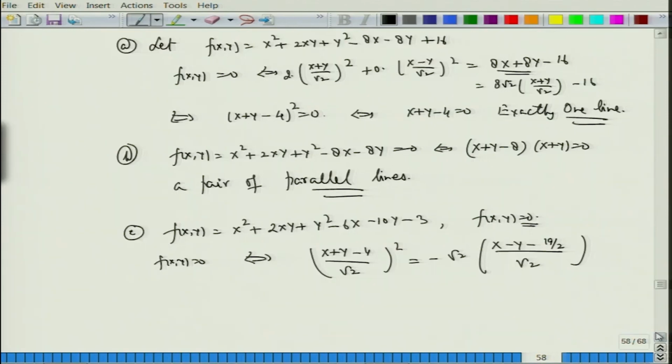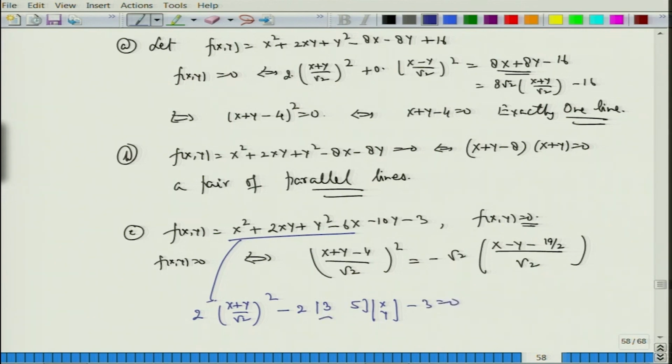This is what I want you to understand, that in general I will get some constants. If I want to play with this, I am getting here x plus y upon root 2 whole square into 2, minus 6x minus 10y, minus 3 equal to 0. I am getting this.